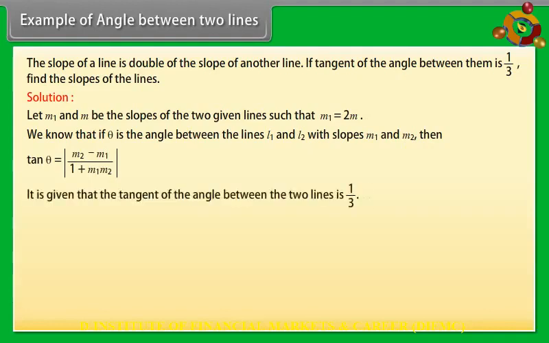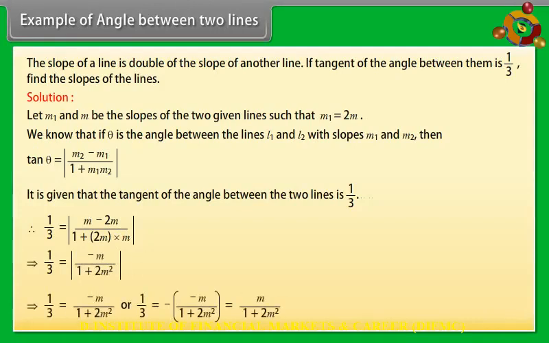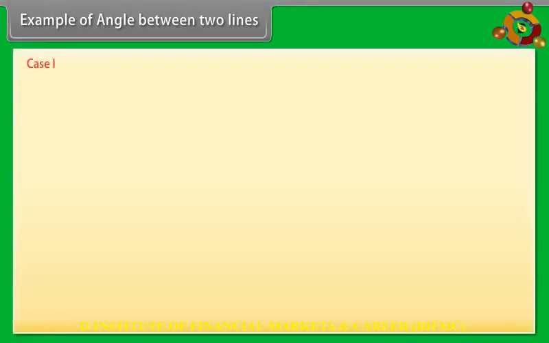It is given that the tangent of the angle between the two lines is 1/3. Therefore, 1/3 is equal to modulus of (m minus 2m) divided by (1 plus 2m into m). On solving, we get modulus of m by (1 plus 2m square). Case 1. 1/3 is equal to minus m by (1 plus 2m square).